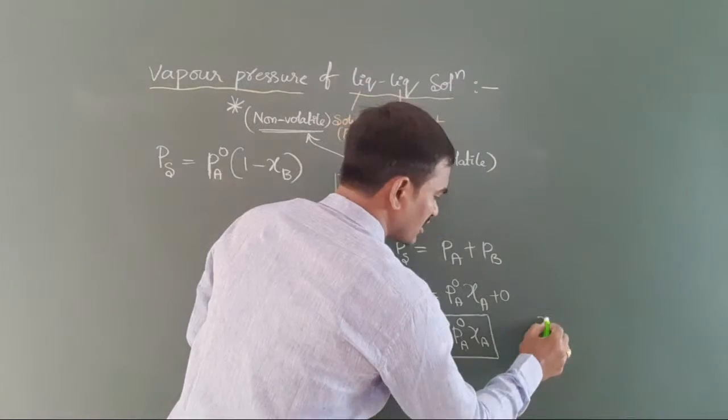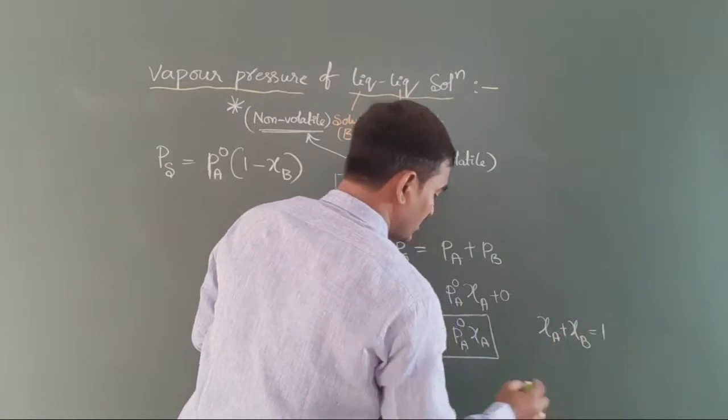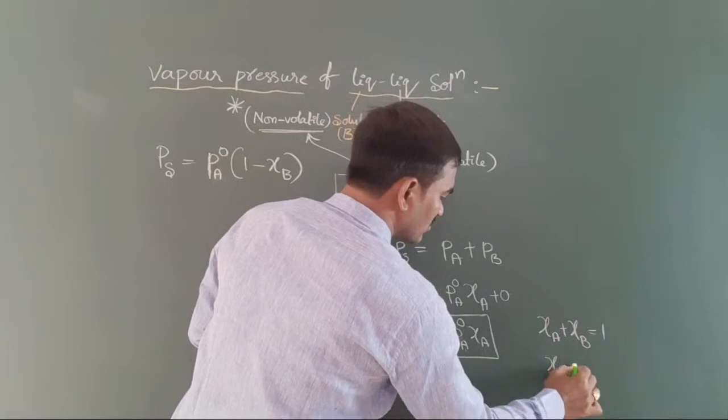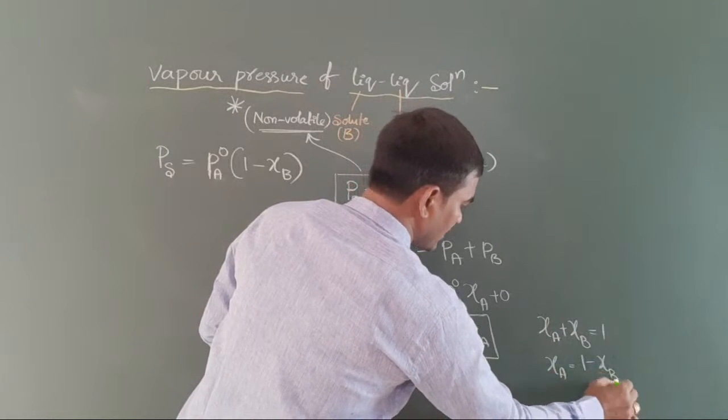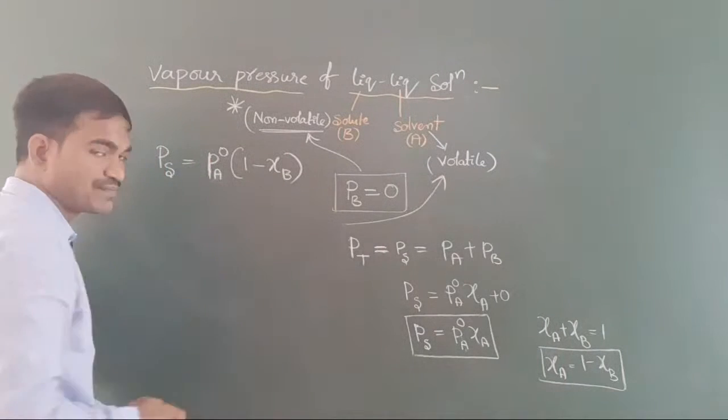This is the mole fraction relation. Therefore, chi A is equal to 1 minus chi B. Have you got it? So that's what I substituted here.